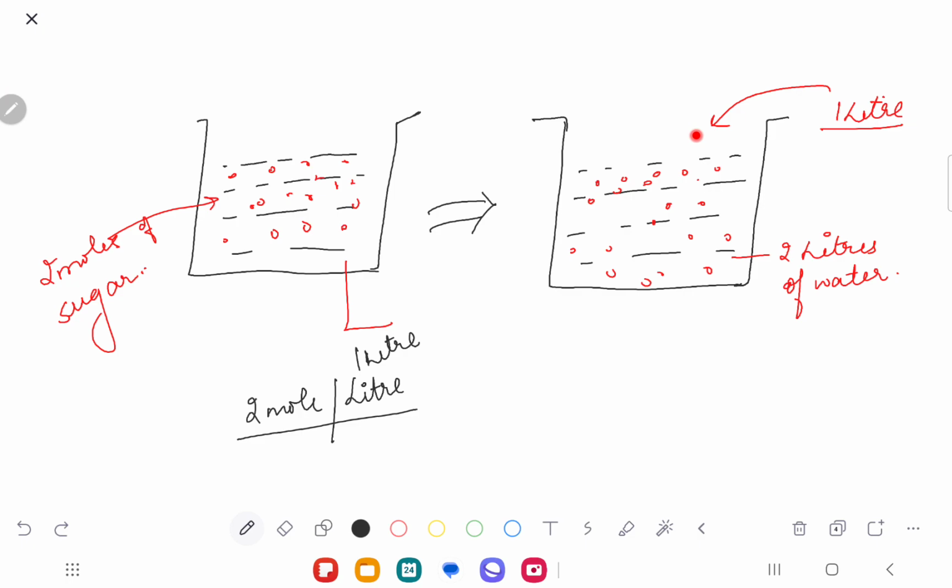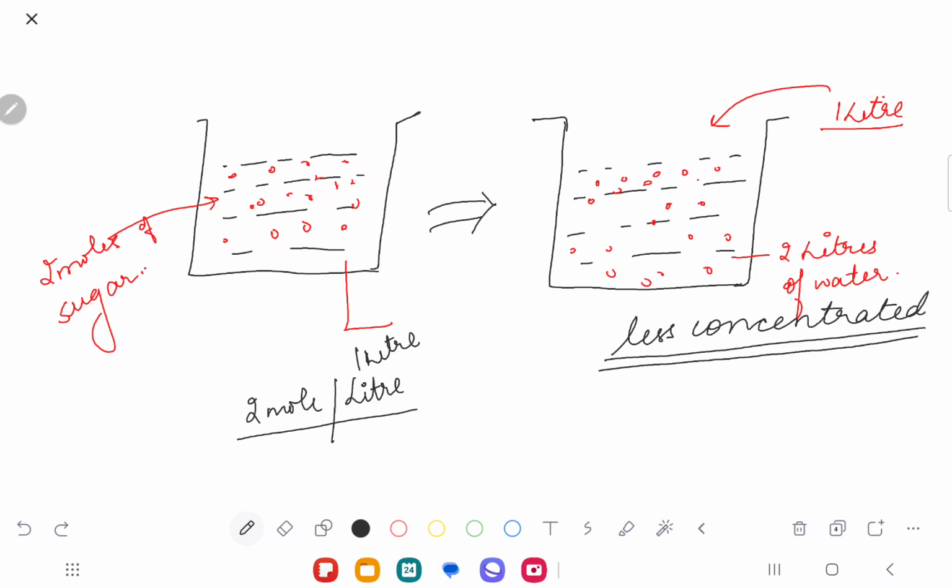Less sweet. That means it is less concentrated. Less concentrated basically means the taste will not be as sweet. In case of a salt, the taste will not be as salty. In case of a bitter substance, the bitterness would not be so much.